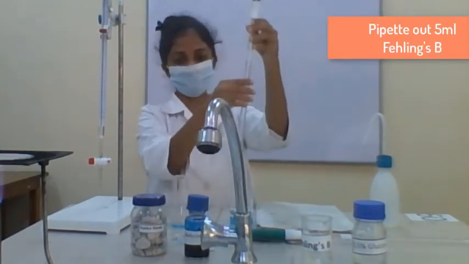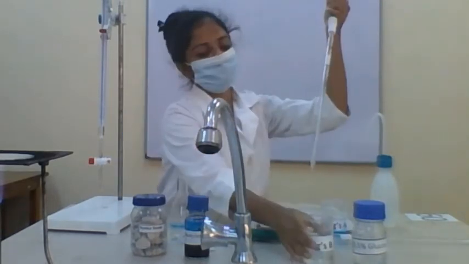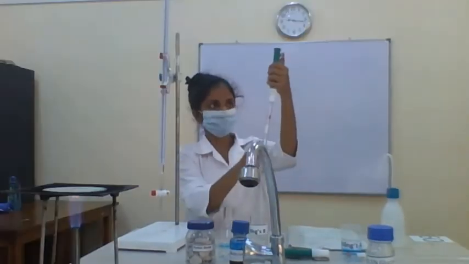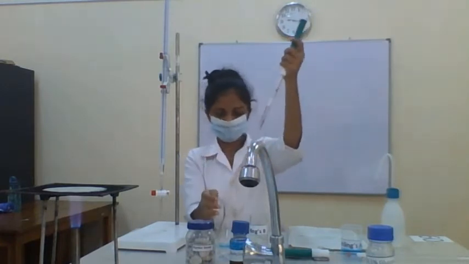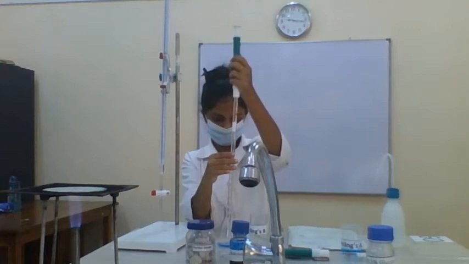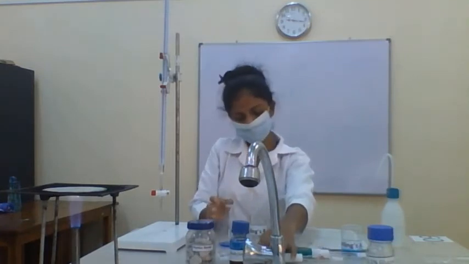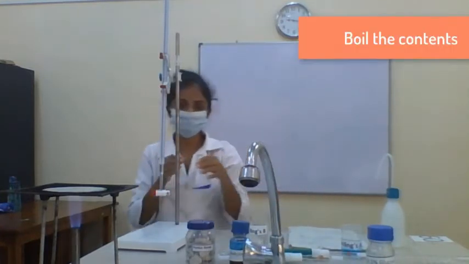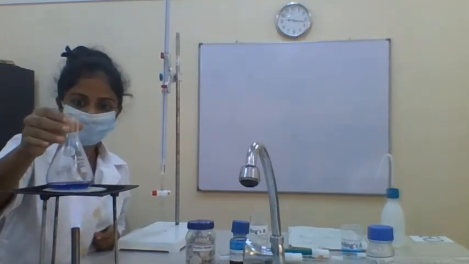Next, we should pipette out 5 milliliters of Fehling B solution into the conical flask. Then it should be gently boiled for 2 minutes.